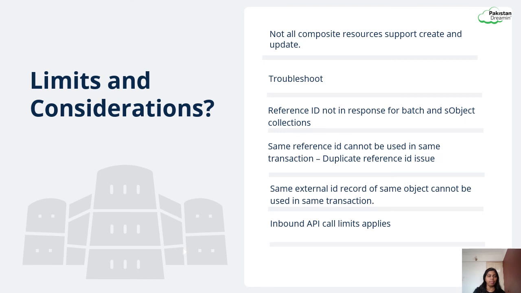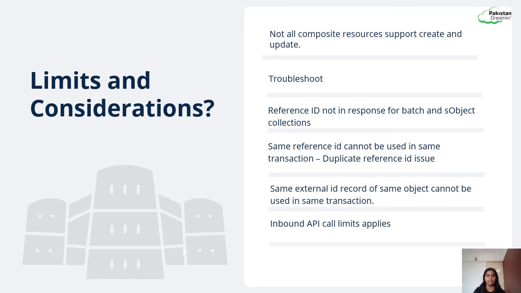You cannot have more than 25 long running API requests parallelly. Then you will hit the concurrent API limit. So you have to be careful while using the composite resources that this API limit is also considered.